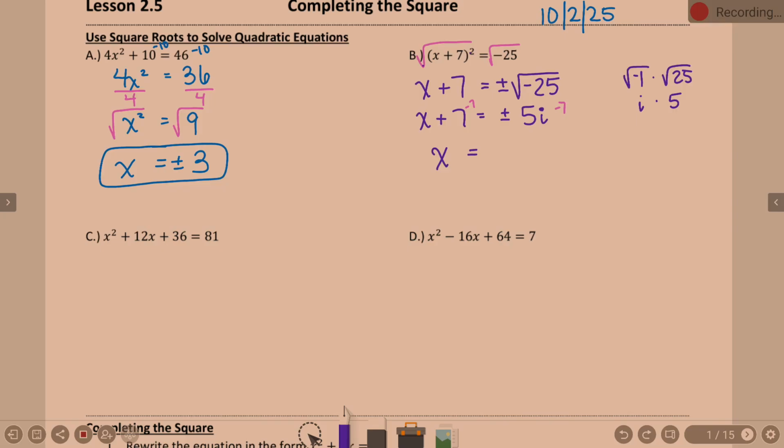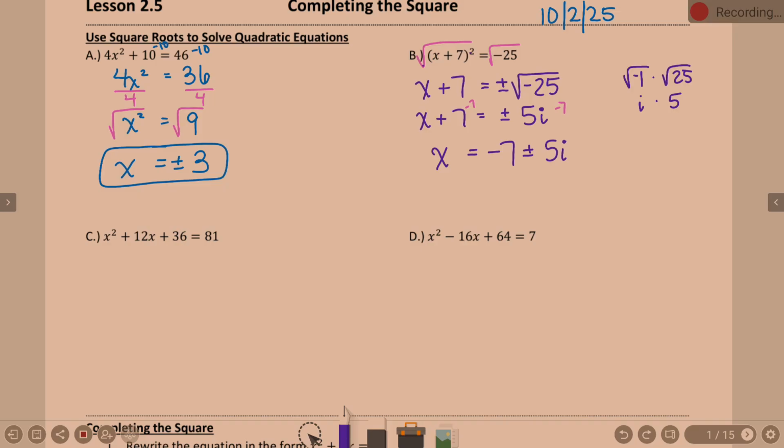But I'm going to go with there's a preferred way. Could you write plus or minus 5i minus 7? You could, but it's awkward. Anytime I have a plus or minus sign, I like to put it in the middle. But that also fits the form of a plus bi form. So I'm going to write this as negative 7 plus or minus 5i.